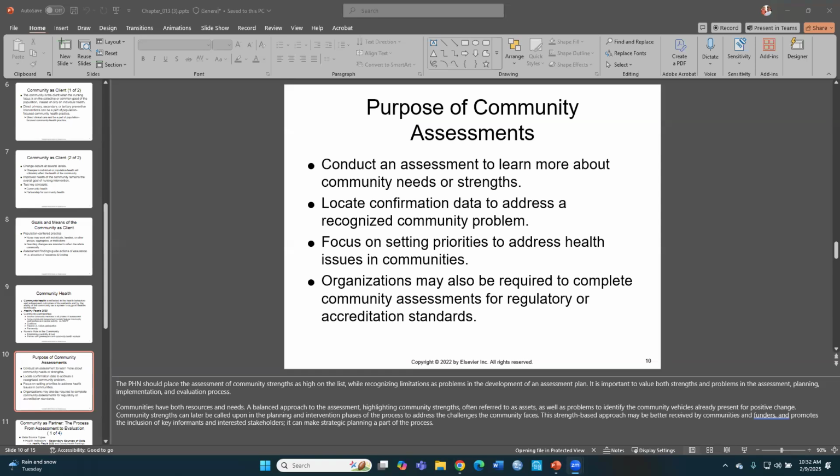And we can do community assessments for a variety of reasons. We can do them to learn about the community, to locate data, to address a community problem. And we can also focus on setting priorities to address health issues in communities.